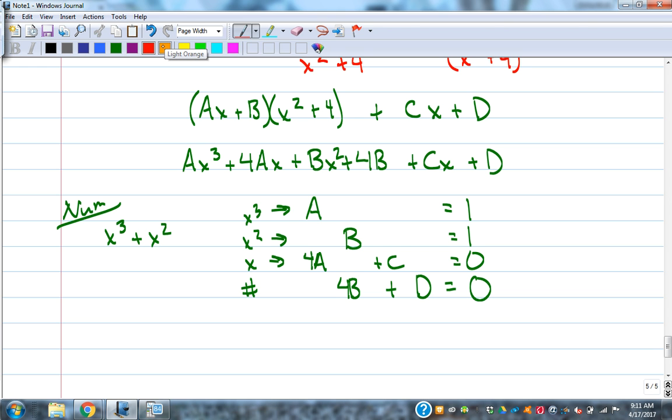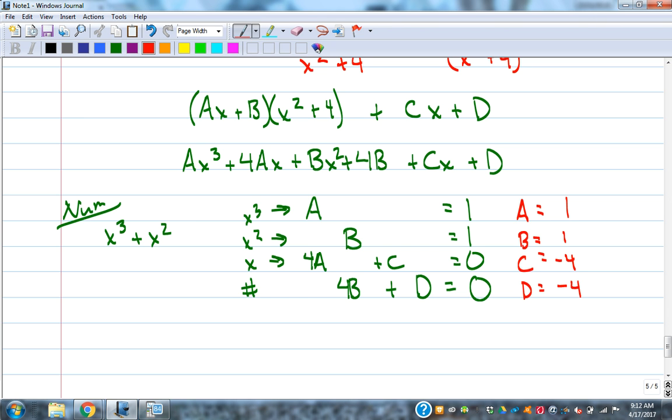And again, you can do a matrix. This would be a 4 by 5 with RREF. You get a, b, c, and d: 1, 1, negative 4, negative 4. I can do that. You already have a and b, so that makes getting the others easy. Because 4 times 1 is 4, c would have to be negative 4 to add to be 0. And then b is 1, so that'd be 4, d would have to be negative 4 to add to be 0.